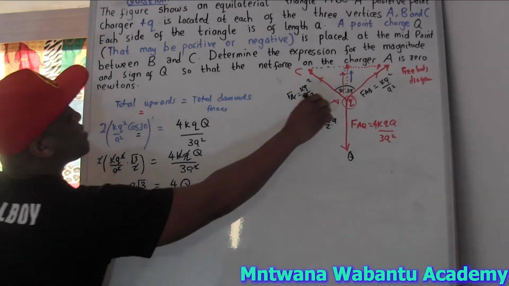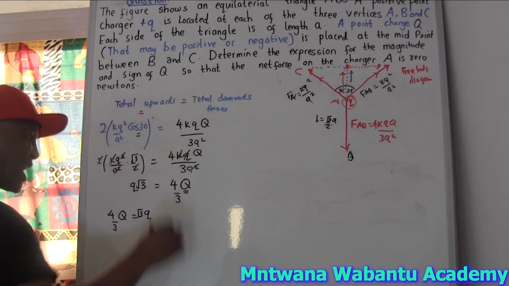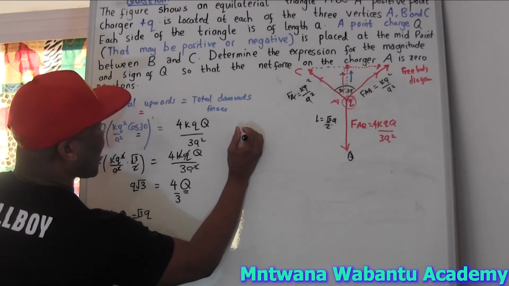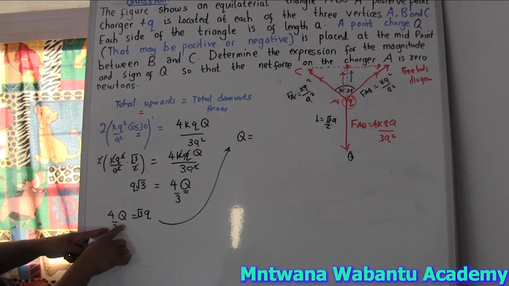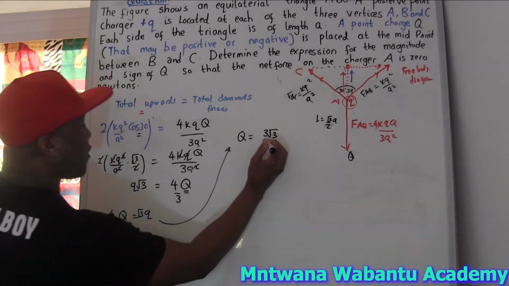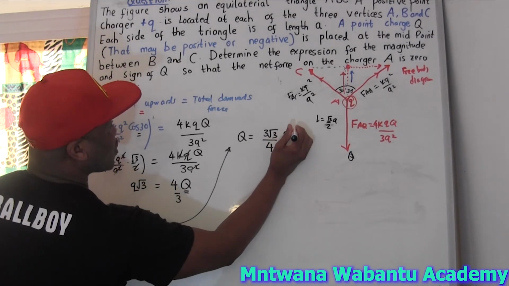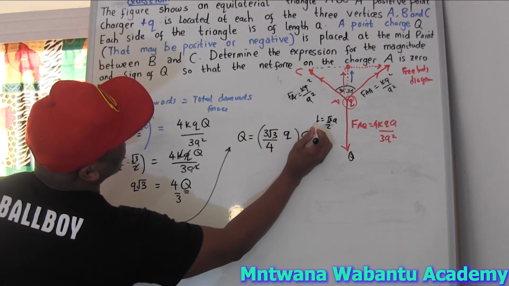But remember, since this is moving downward, it's going to be negative by any means. I mean, total downward force, we know it's negative by any means. But for now, our Q equal to, 3 is going to come here, square root of 3, and then over 4, times q. So this is our quantity of charge, in coulombs.